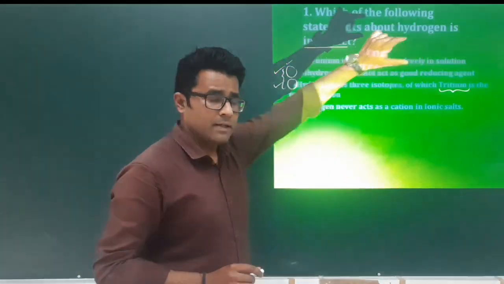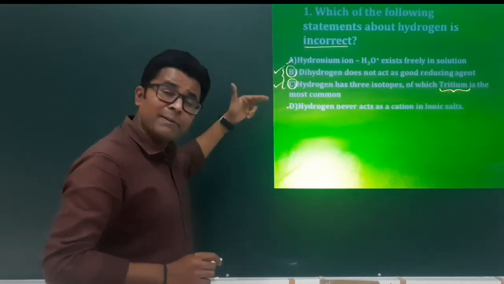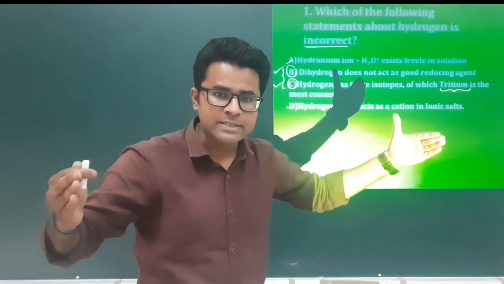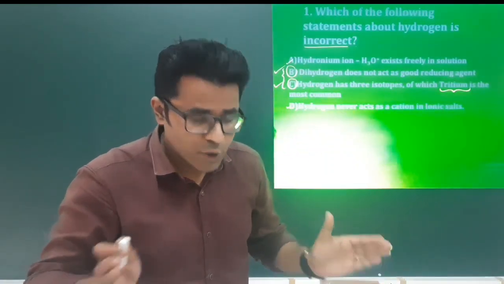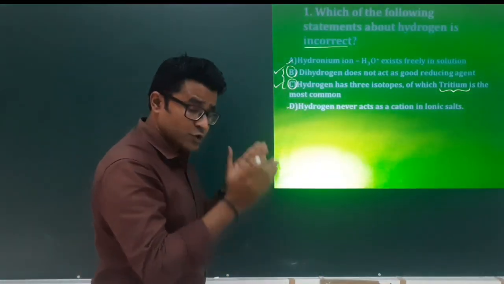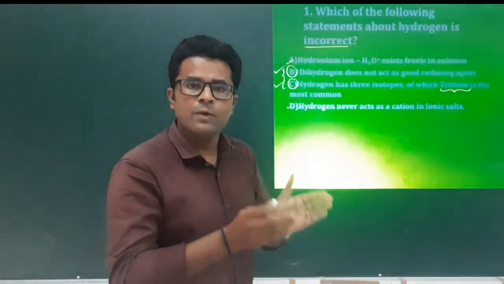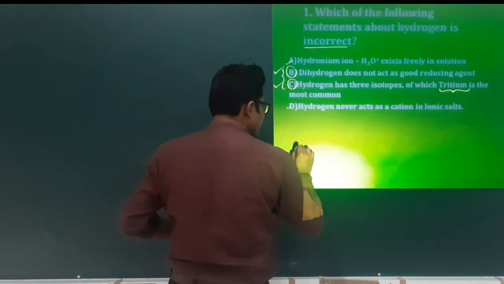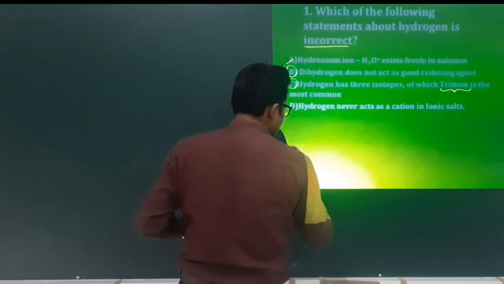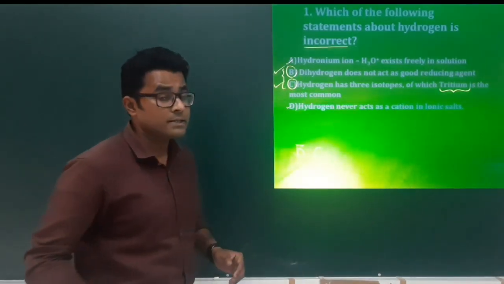If I select A and B, one correct option and one wrong answer, I will lose complete marks. So you should observe things very carefully while selecting. For this first question, the answer is option B as well as option C.